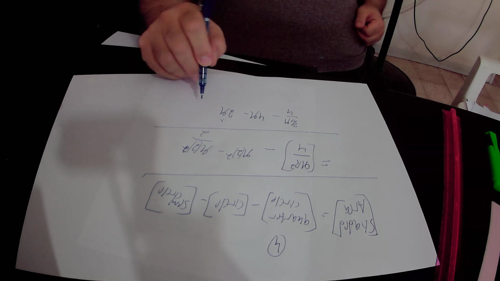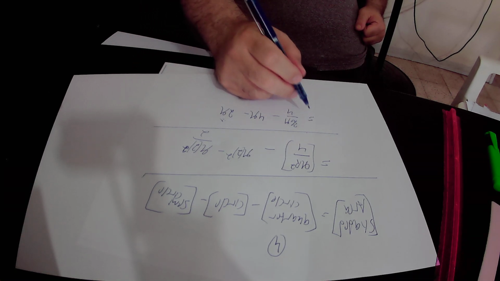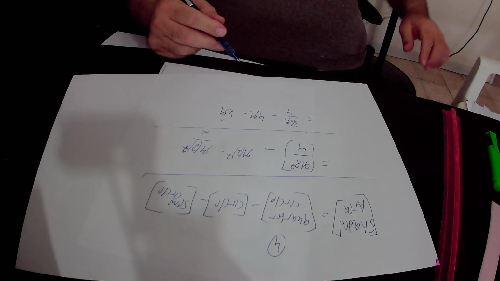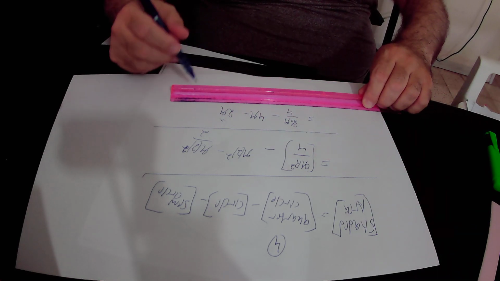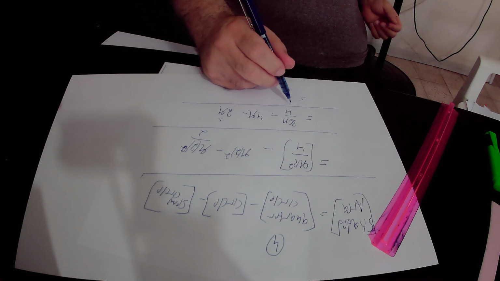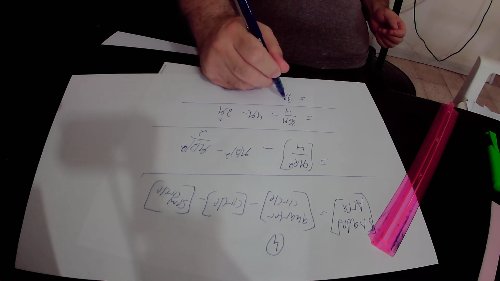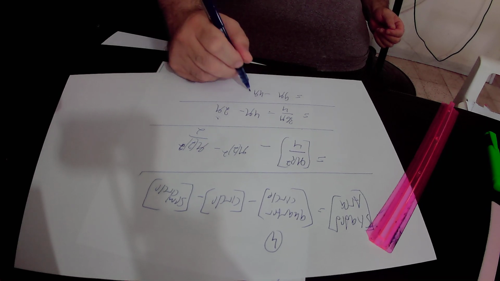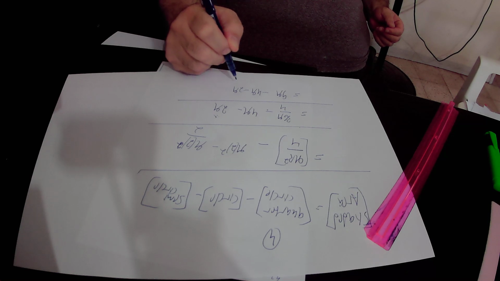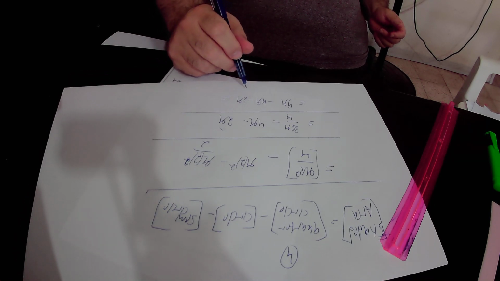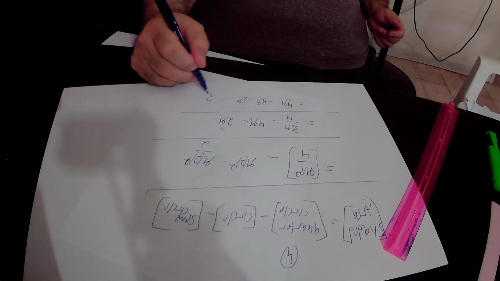So in conclusion, we found out that the shaded area equals 36 pi over 4 minus 4 pi minus 2 pi. 36 over 4 is 9, so in total this expression equals 9 pi minus 4 pi minus 2 pi. So 9 pi minus 4 pi is 5 pi, and 5 pi minus 2 pi is 3 pi.